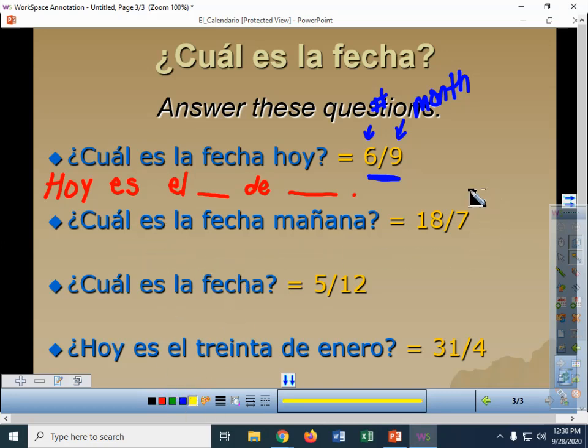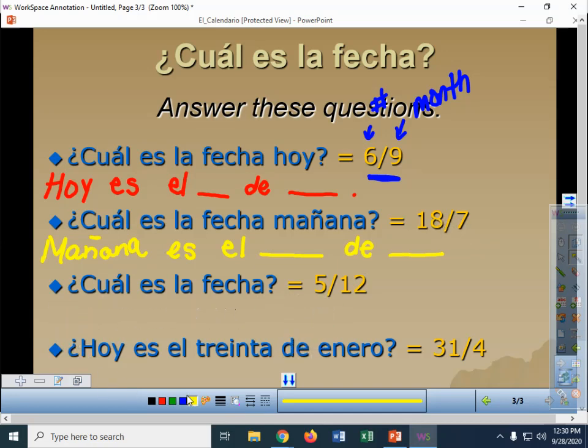And here again, remember number, month. So you're going to put mañana es el, and then you're going to put el 18 de the month, which is 7, which is July. ¿Cuál es la fecha?